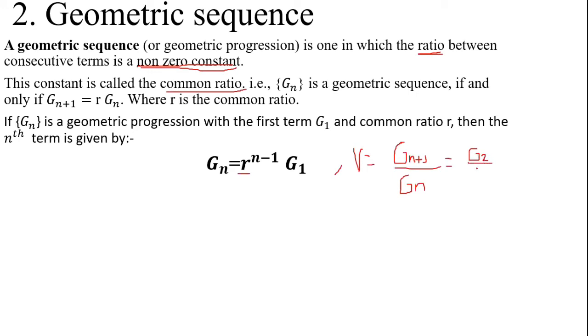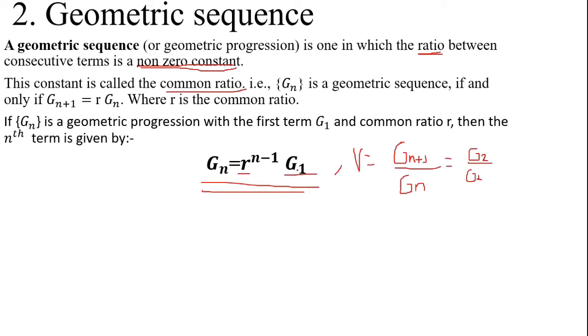That means we can obtain the common ratio just by dividing the second term by the first term. So this is a general formula for obtaining a geometric sequence. The nth term for any geometric sequence can be calculated in such a way. So Gn equals R, the common ratio for a given geometric sequence, to the power of n minus 1, times the first term for a geometric sequence, that is G1.